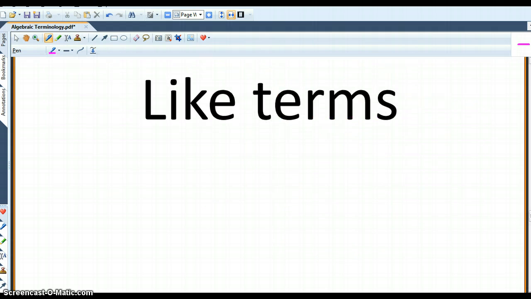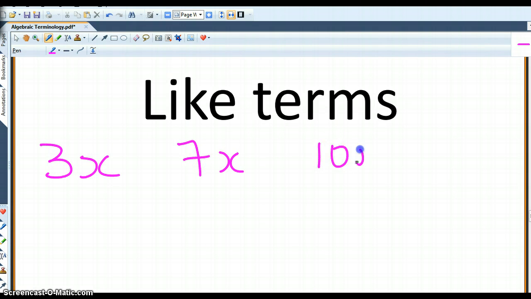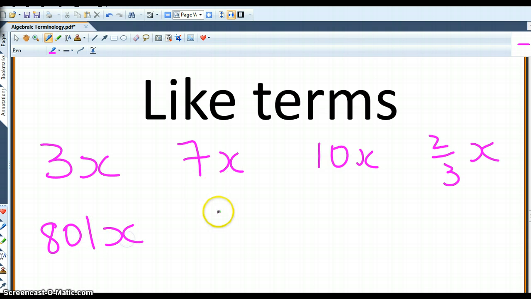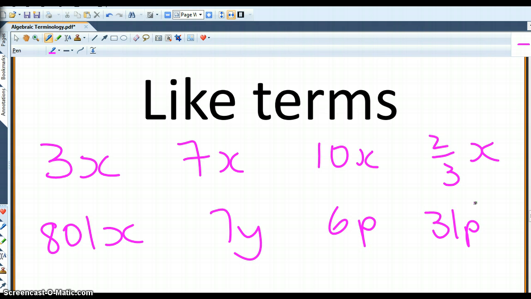Keep going. Like terms. Now we've done a little bit on this. What do we mean by like terms? So if I've got 3x, 7x, 10x, 2/3 x, 801x, 7y, 6p, and 31p. Which ones are the like terms?